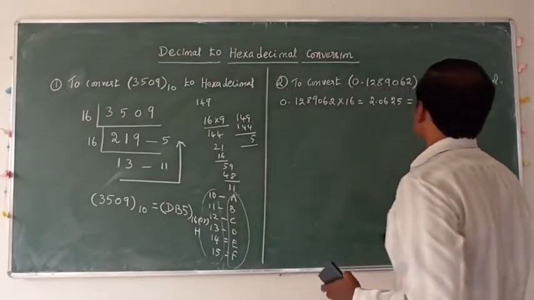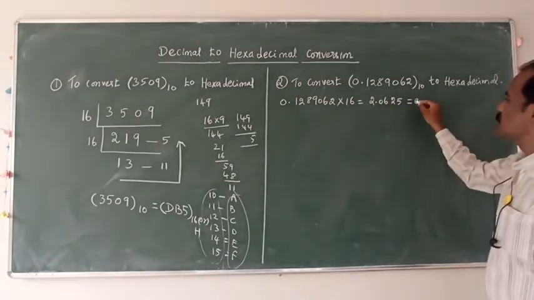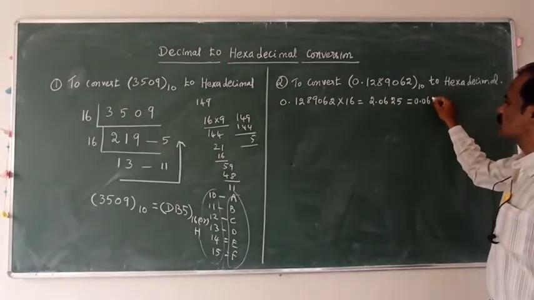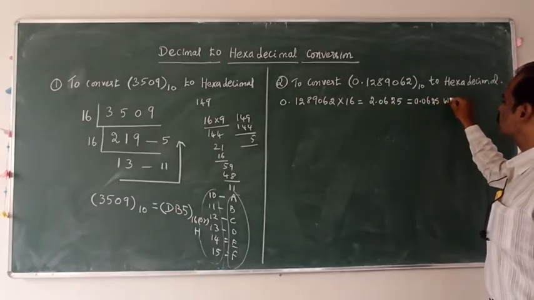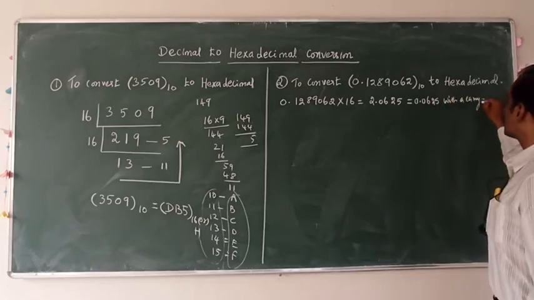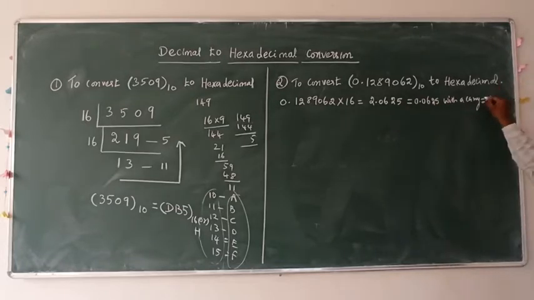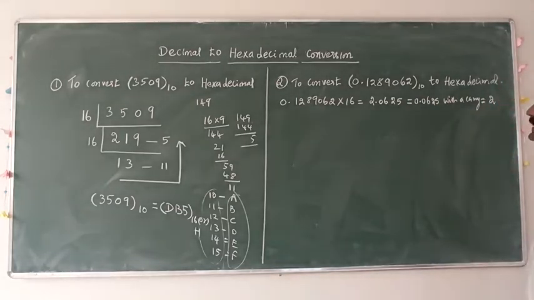Here, 0.0625 is the fraction part, and the carry is 2.